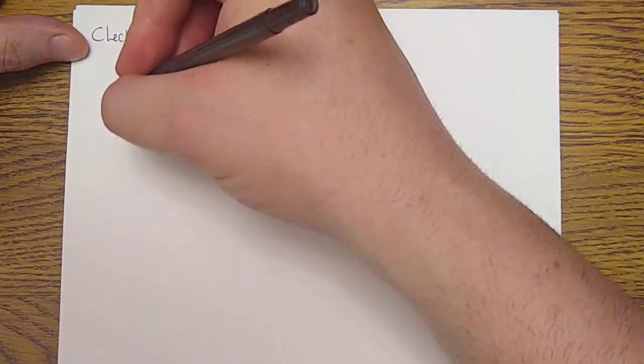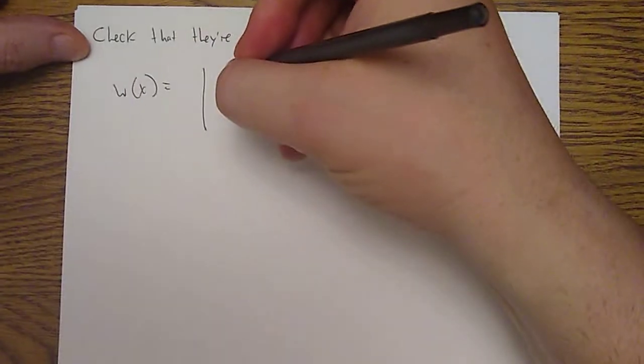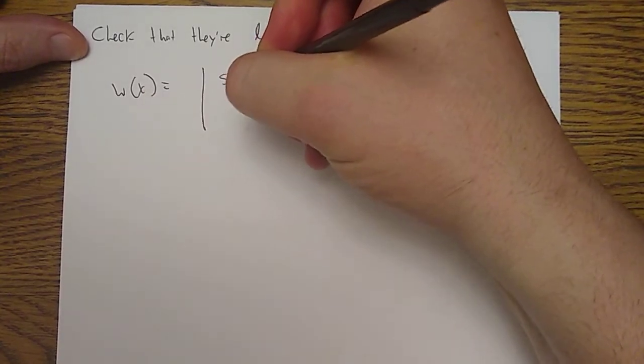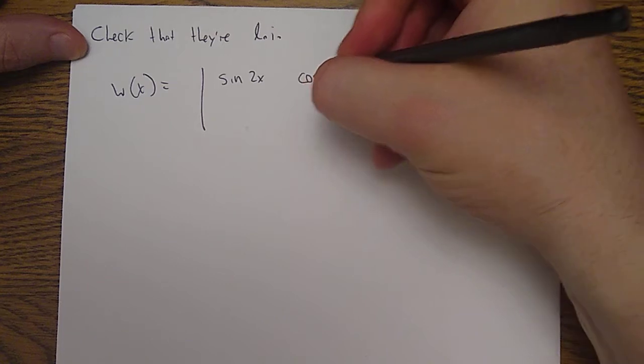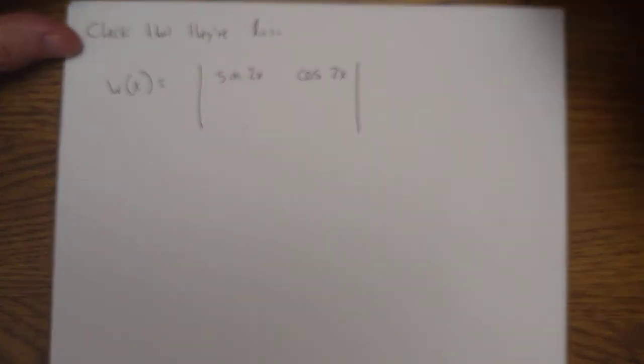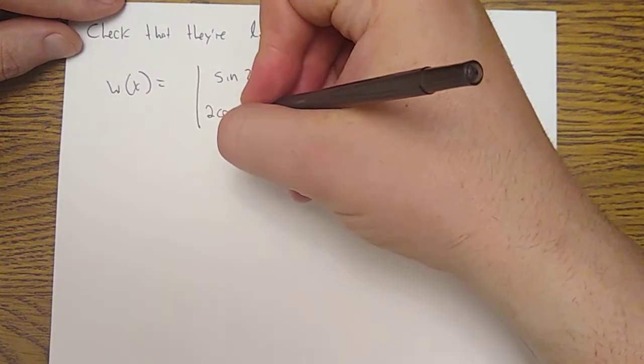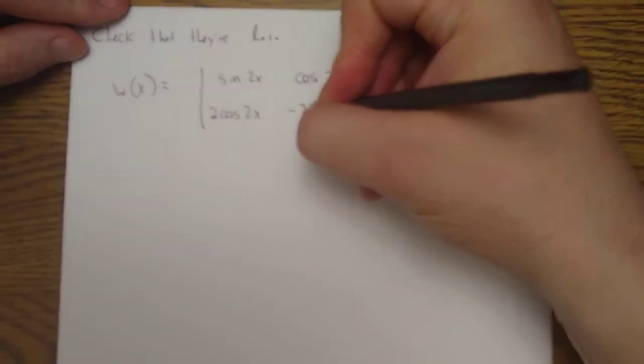Right. What's the Wronskian? I put in the two functions. It doesn't really matter what order they're in on the first row, and then I do derivatives. So this would be 2 cosine 2x and negative 2 sine 2x.